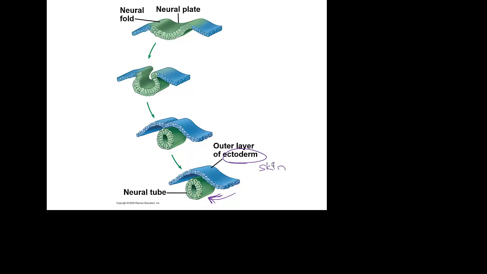Of course, this means that your central nervous system is going to be protected by skin, but our neural tube is also going to help us place the spinal cord and the vertebrae for you that protect your spinal cord.